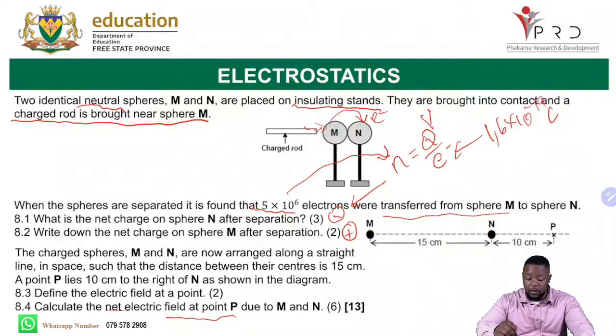Then we are able to get Q. Now we need to know that the charge of N should be equal in size to the charge of M, since the electrons that are gained in N are coming from M, but they are having opposite charges, since the one gained electrons and the other one lost electrons.